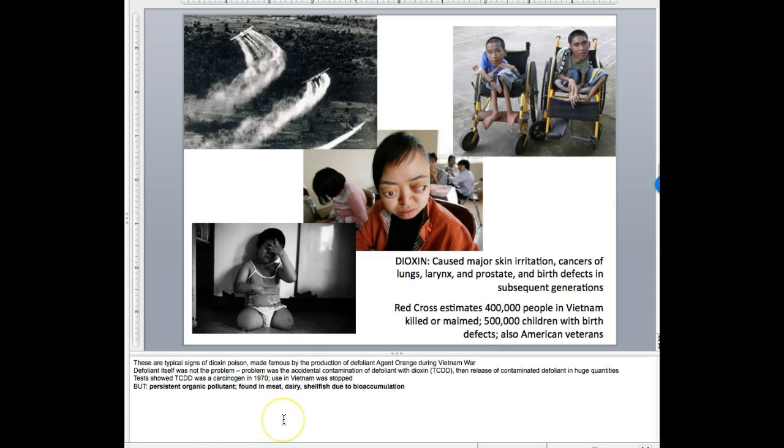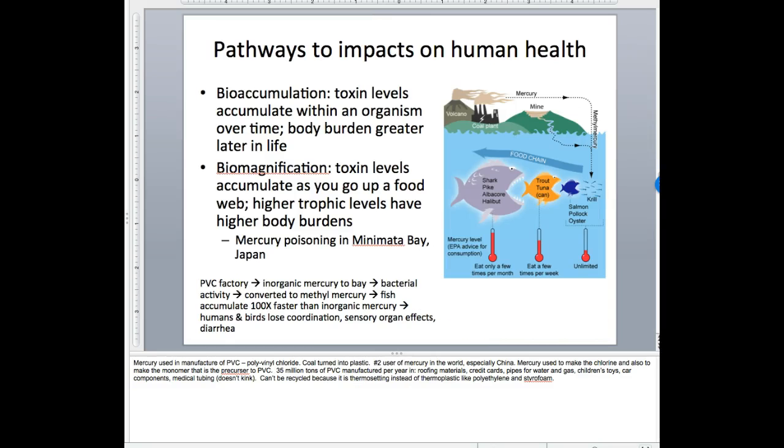And that dioxin, when spread throughout the Southeast Asian environment, resulted in all kinds of rather horrific birth defects. And so eventually we stopped using Agent Orange, but it caused major skin irritation, cancers of the lungs, larynx, and prostate, and massive birth defects in subsequent generations, as evidenced by these somewhat horrific pictures.